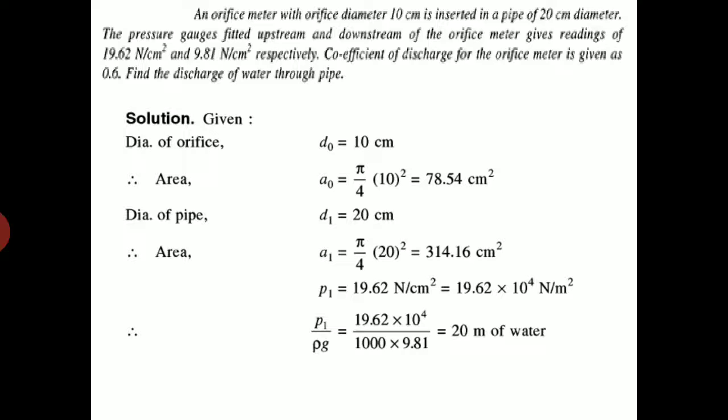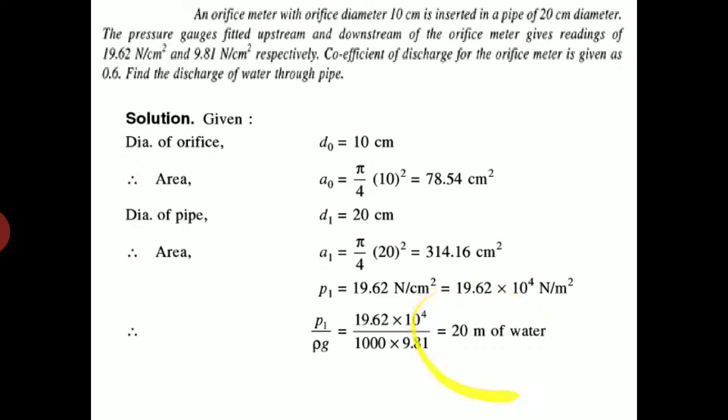So we need to calculate h1 and h2. h1 is equal to P1 by rho g, where P1 is the pressure intensity at 1, that is 19.62 into 10 to the power 4 divided by rho g. Water is flowing through this orifice meter, therefore 1000 kg per meter cube multiplied by 9.81, which gives us 20 meters of water.